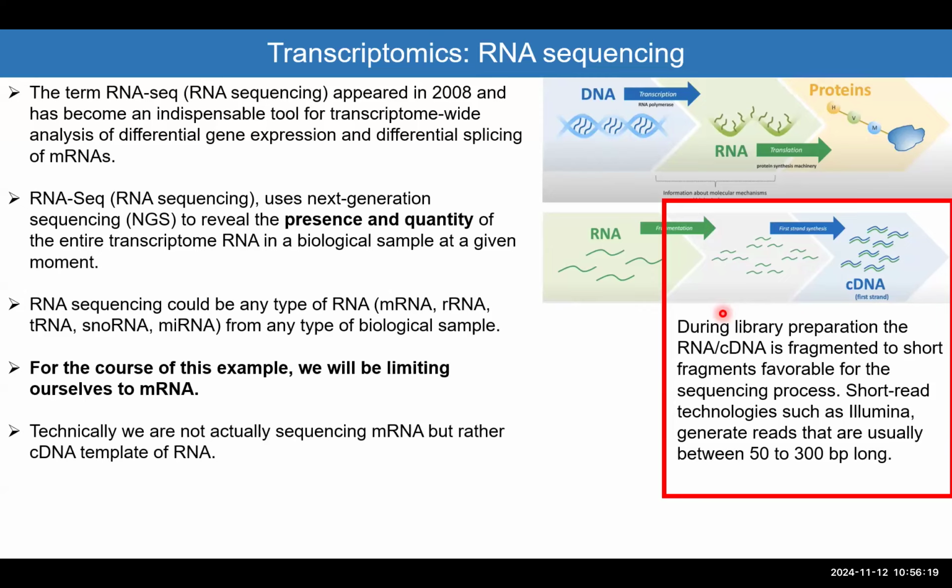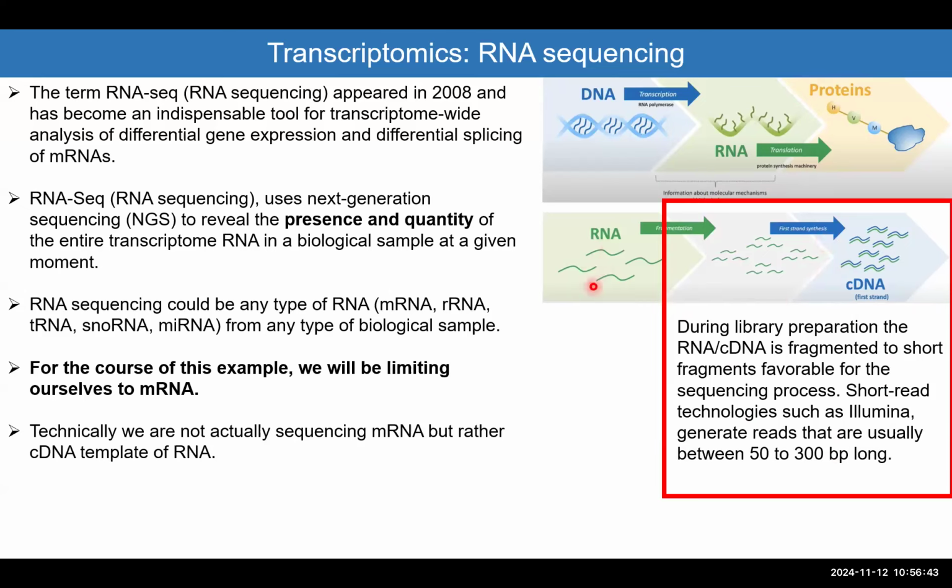The idea is, if you fragment the messenger RNA or the cDNA into molecules that are around 300 base pairs, this is very favorable because then you can sequence those with no problems. So there's a fragmentation step that starts right after RNA isolation.